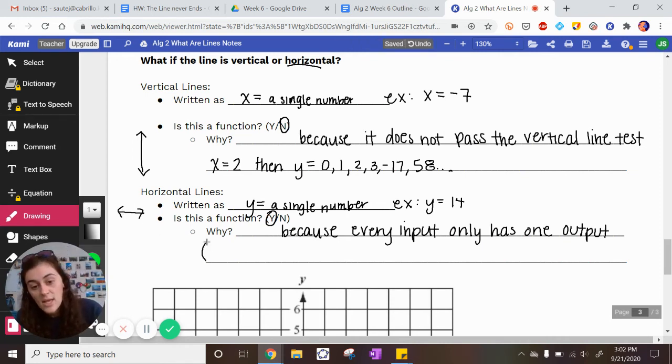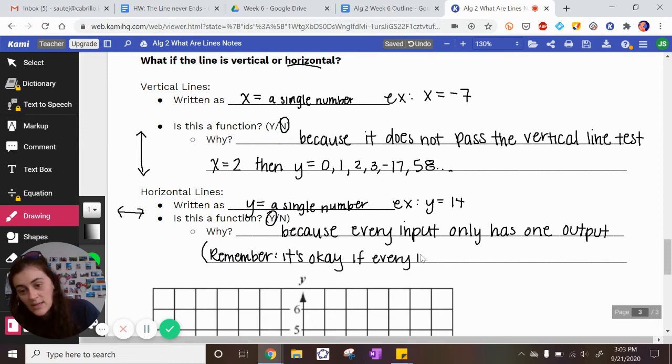And remember, a function, it's totally fine if every single input has the same output. So let's put that in parentheses. Remember, it's okay if every input has the same output.